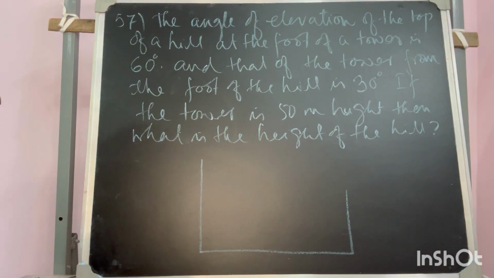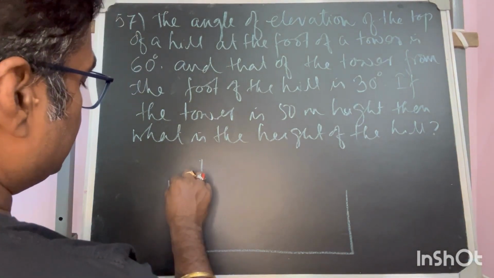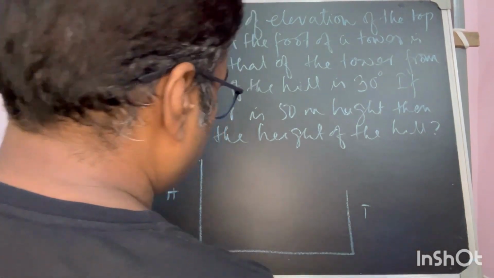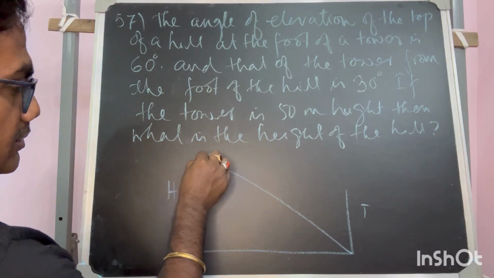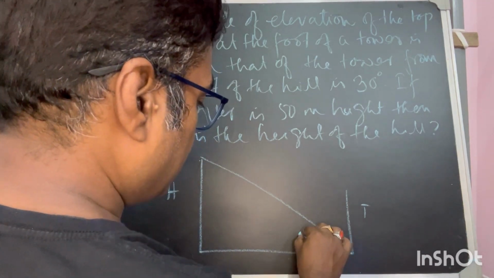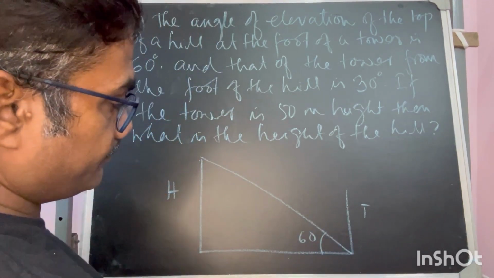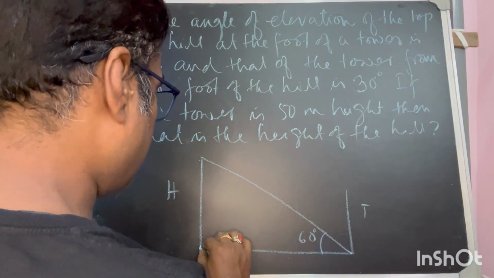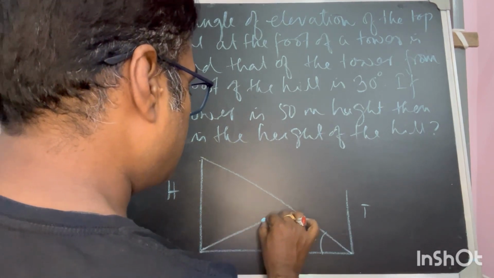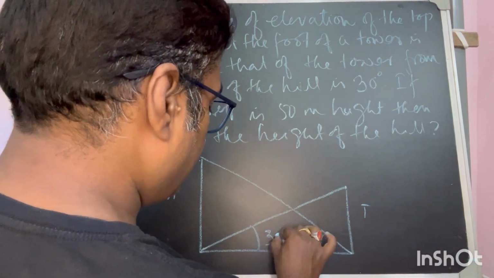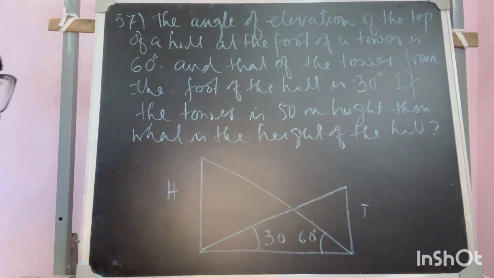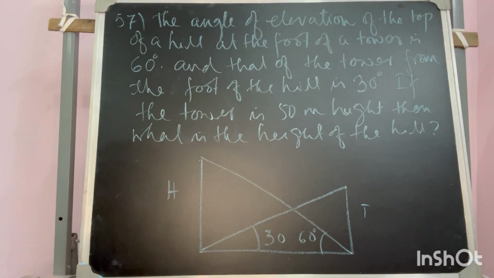Okay, so if this is hill, this is tower, when I am looking from the foot of the tower, I can see the top of the hill at 60-degree elevation. When I am seeing the tower from the foot of the hill, I can see at 30-degree elevation. So definitely tower is of lesser height than the hill.